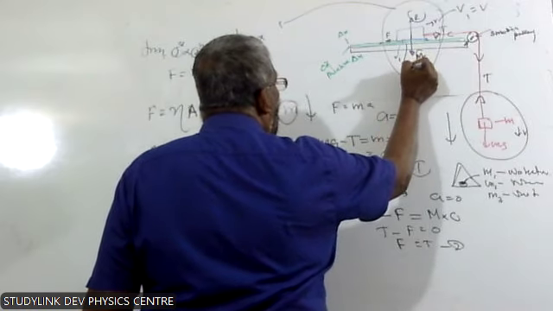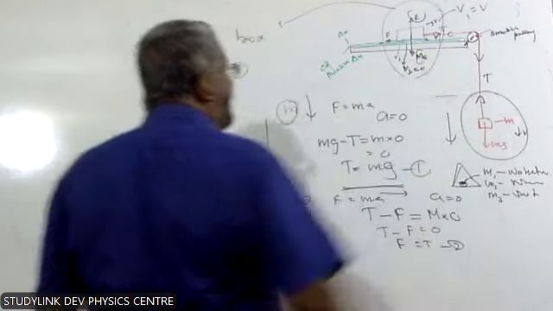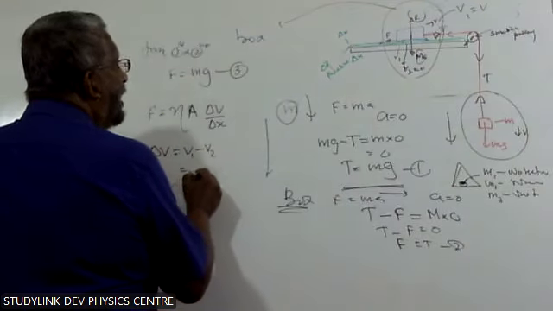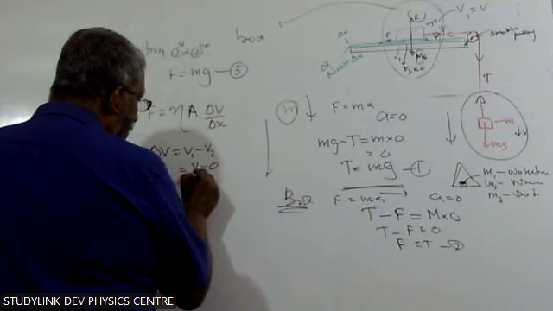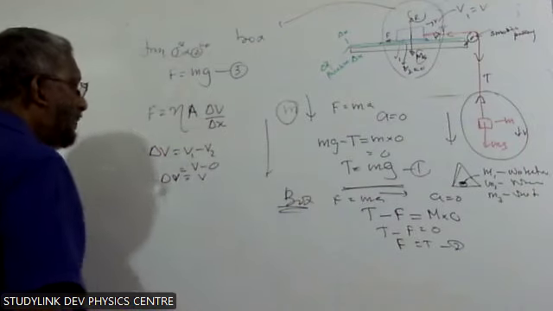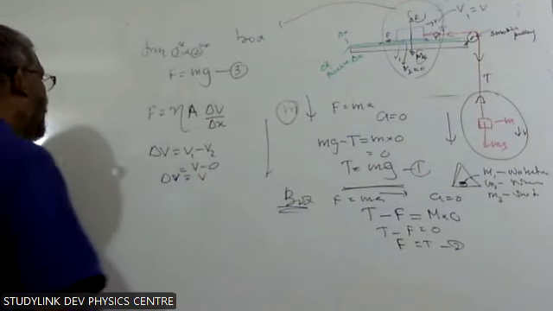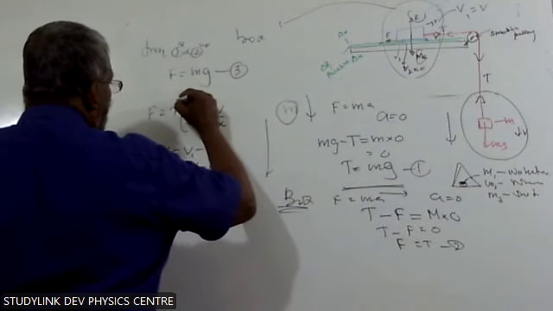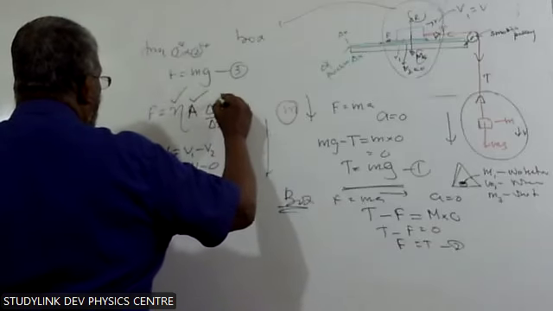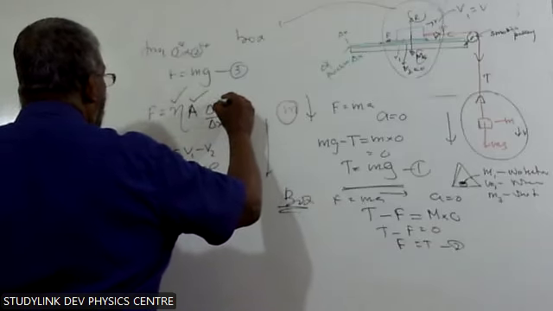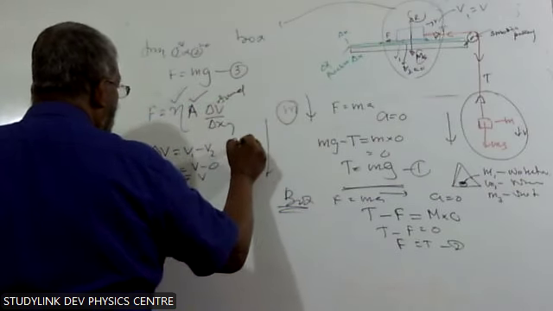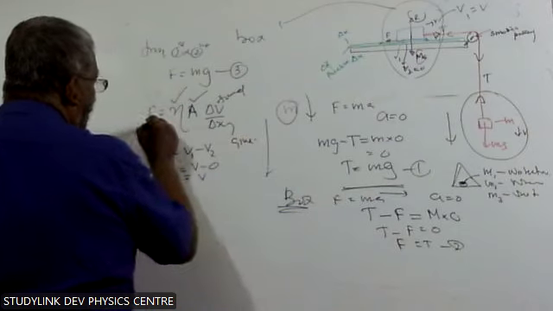V2 is equal to 0 because it is at rest on the horizontal surface. So this is equal to V minus 0, V, delta V. Delta X is given to you. So eta is given, A is given, delta V we found, delta X is given. So you can find it.